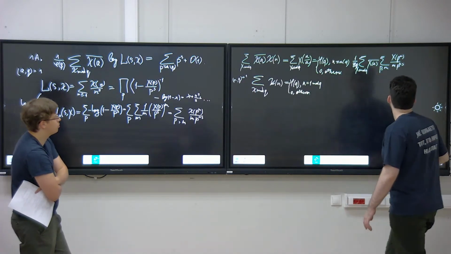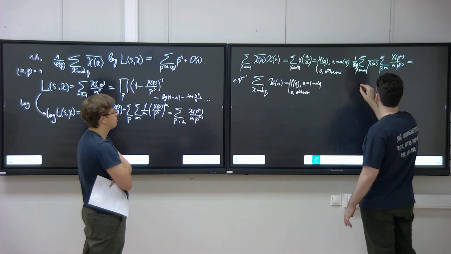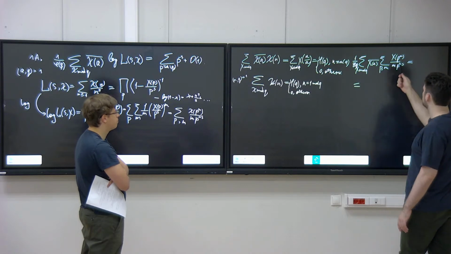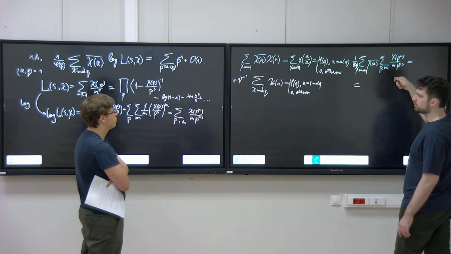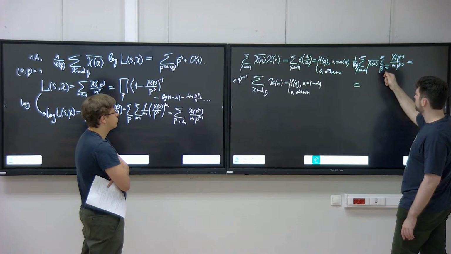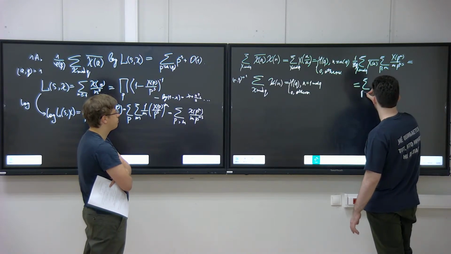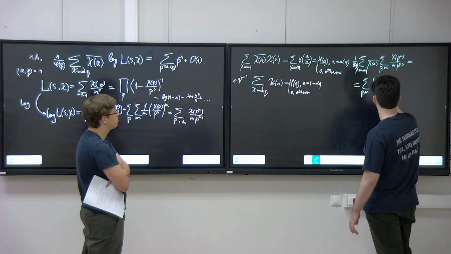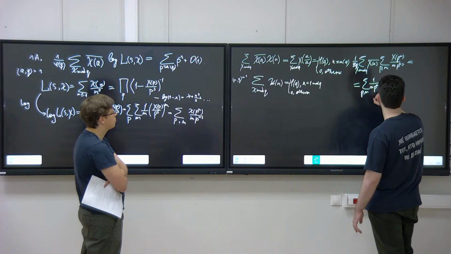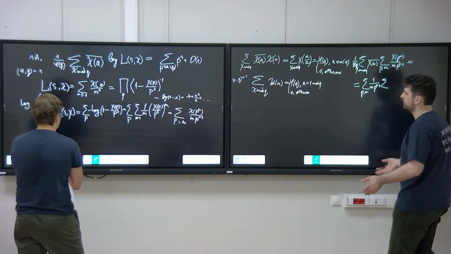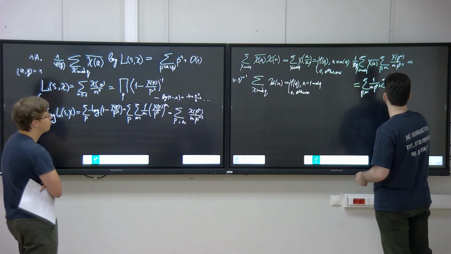Это равно чему? Мы можем поменять суммы местами и вынести дробь за сумму. Получится сумма по p и m, 1 делить на m, p в степени ms. Сейчас явно покажем, что это то, что нужно.